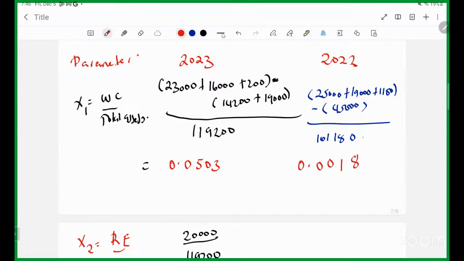There's only one zero after the decimal point. There are two zeros. Maybe I'm also wrong because I'm dividing. We need to really understand the calculator. 0.0018. Let me calculate it again. Okay.